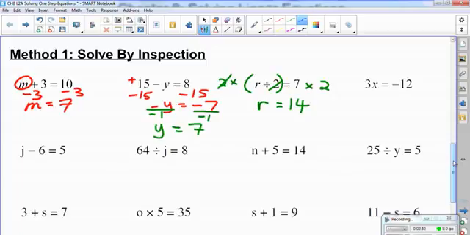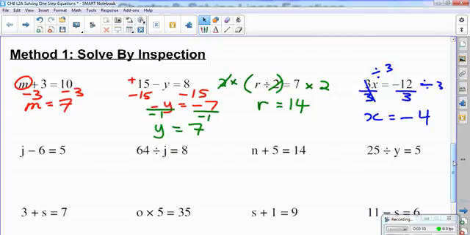So in order to isolate the x, we do the opposite. Instead of multiplying by 3, we're going to divide by 3 on both sides. You can either show it as a fraction, or you can go divide by 3. Either way, doesn't matter. 3 divided by 3 gives us 1, so 1x equals negative divided by positive is negative, so negative 4. Okay, so that's just a review of one-step equations.